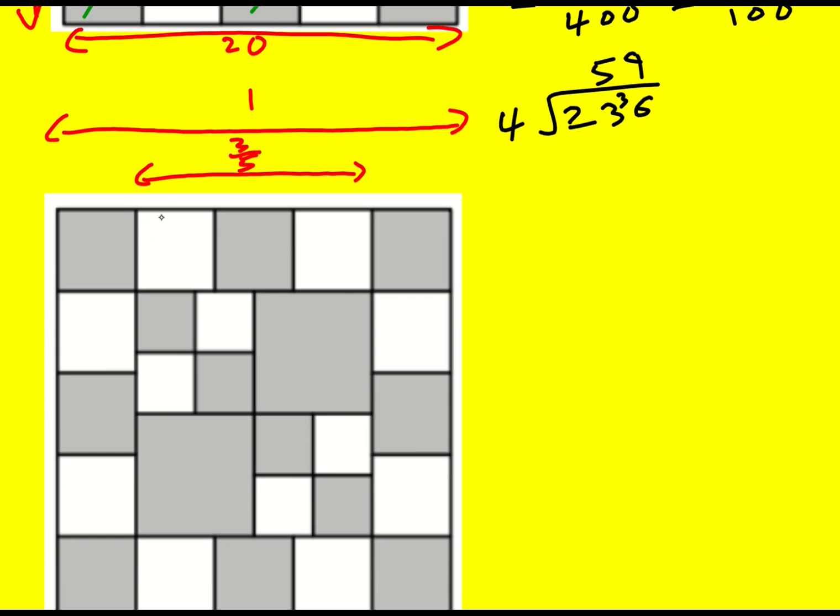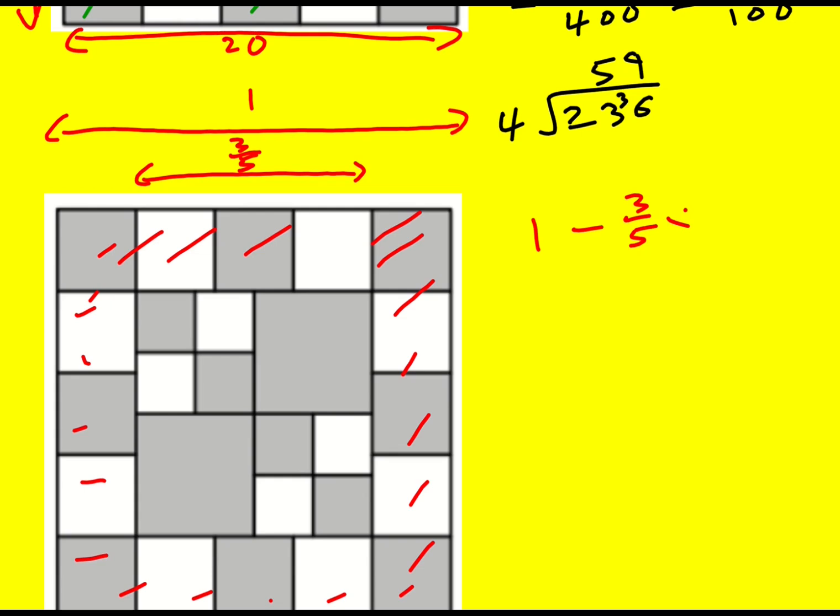And if I want to work out all of this area on the outside, the area is going to be 1 times 1 minus 3/5 times 3/5. It's going to be this red area because I'm minusing this inside bit. And that would be 1 minus 9 over 25. 1 is 25 over 25, so it's going to give me 16 over 25.